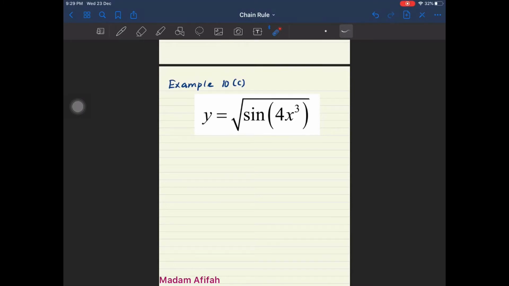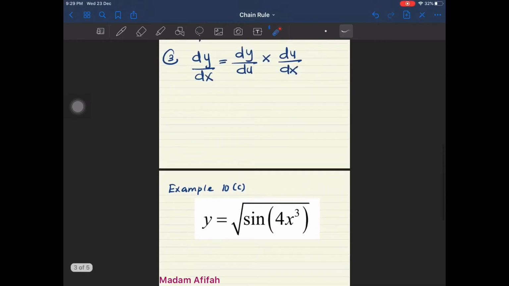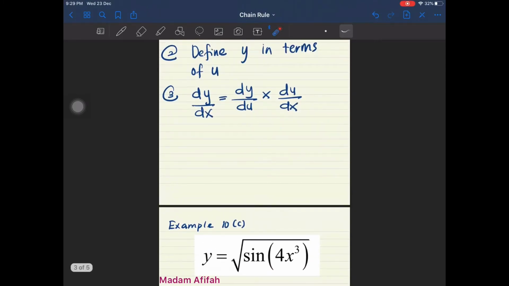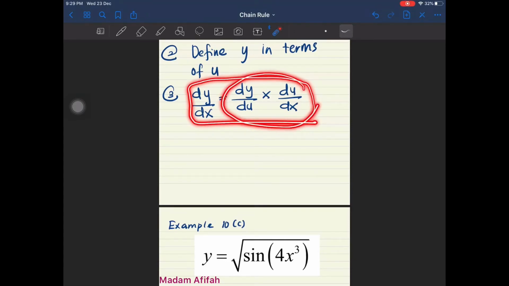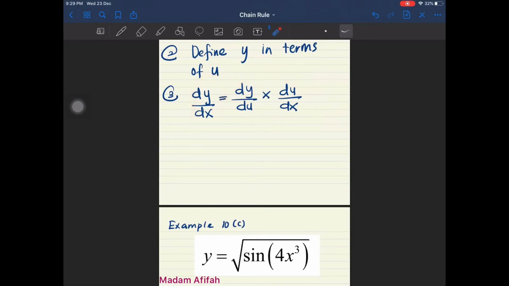Okay, so for this one, what will be your u? You can either choose your u to be equal to this one, or you can take the whole thing as your u. One more thing, your chain rule is not always like this.